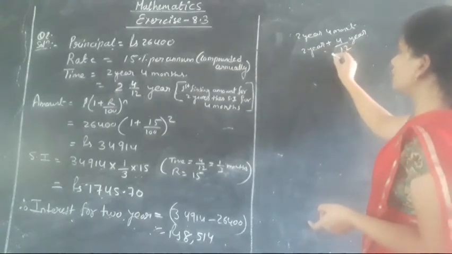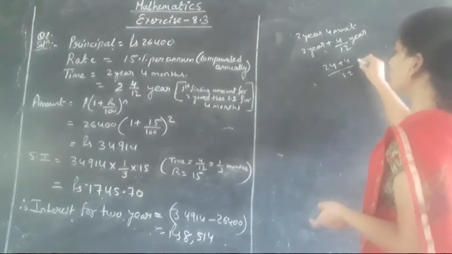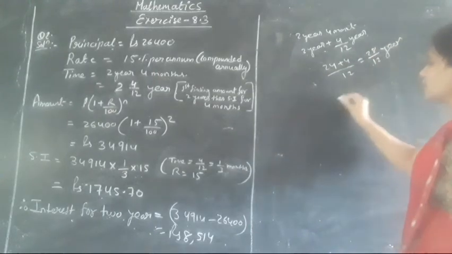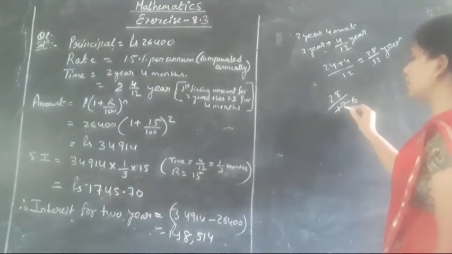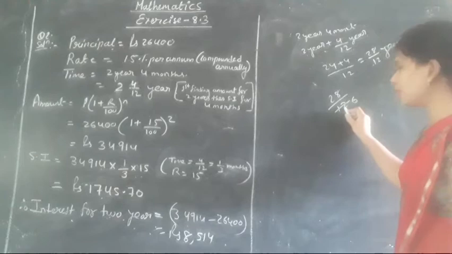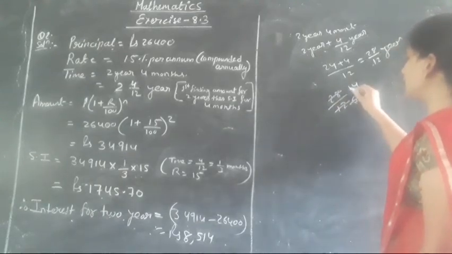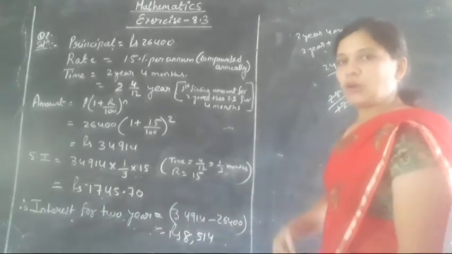Adding all the numbers, 2 years is 24 months, plus 4, it will become 28 upon 12 years. Cancelling, 12 for the table of 6, 12 for the table of 2, 28 by 12 becomes 7 by 3. So the time will become 7 by 3 years, which is very complicated here.